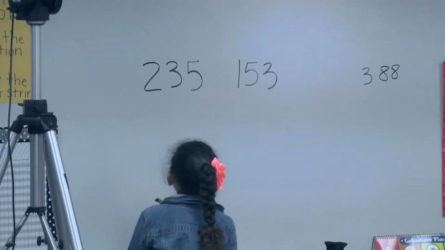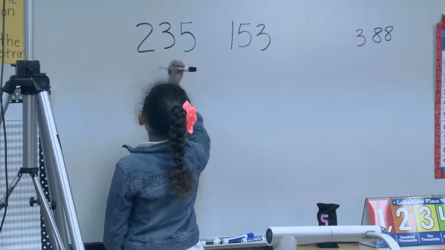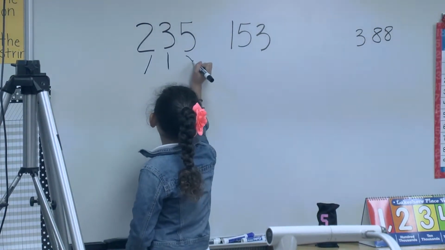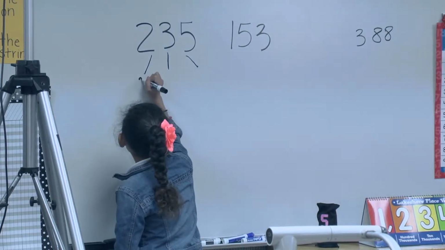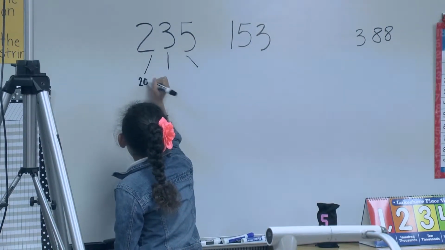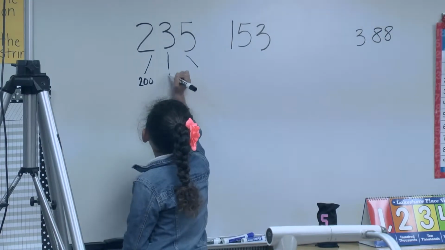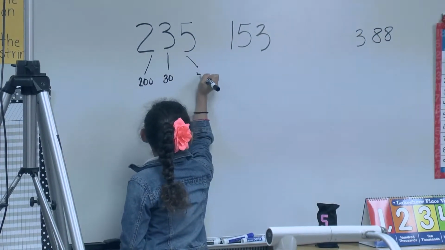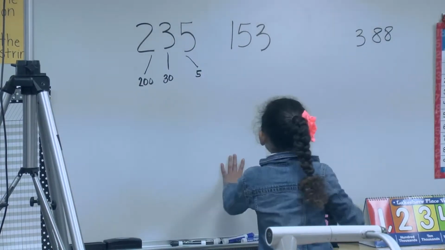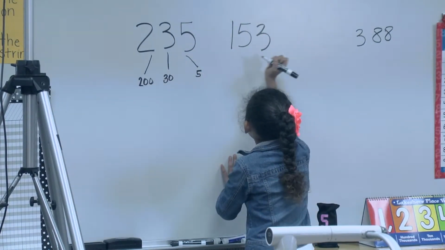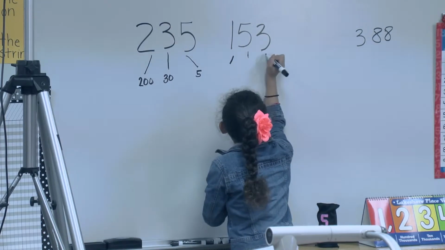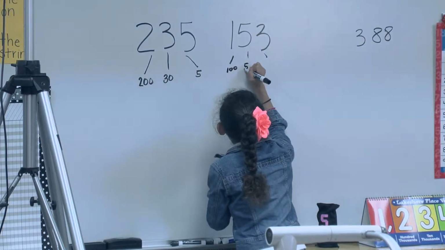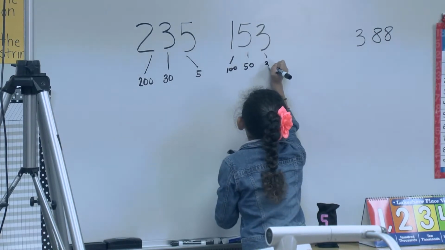So what I did is I split the 235 into 200 and 30, and then I split the 153 into 100, 50 and 3.